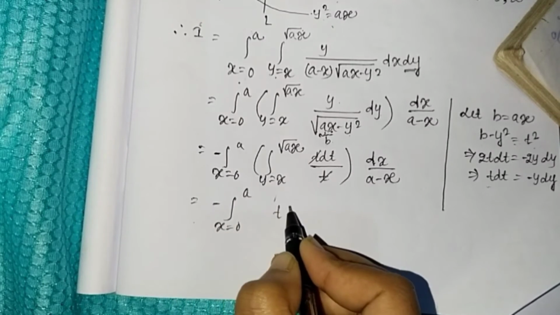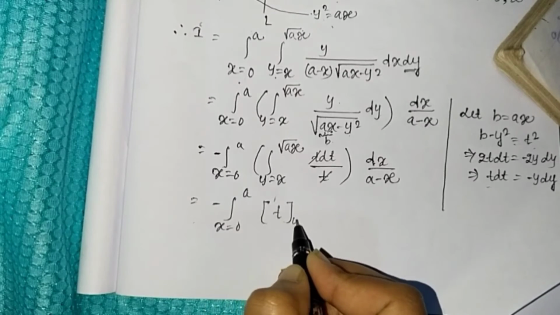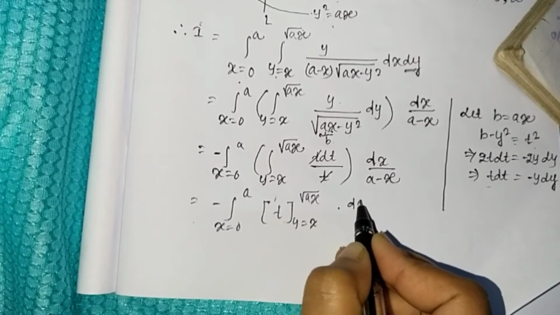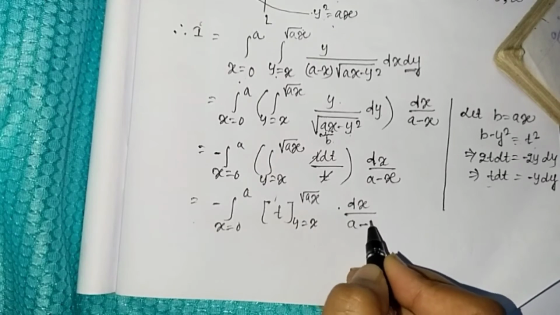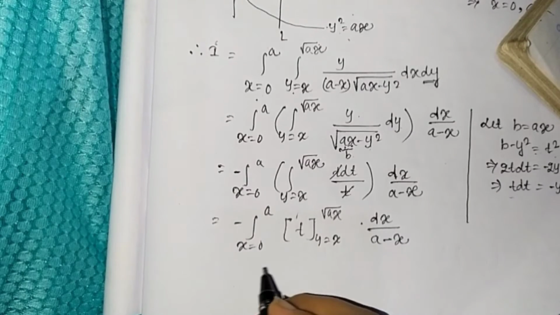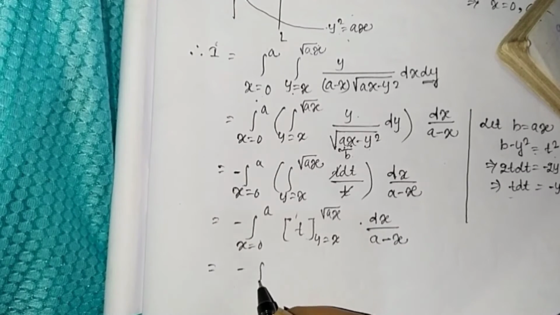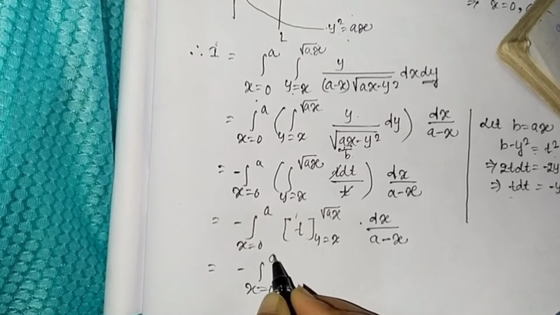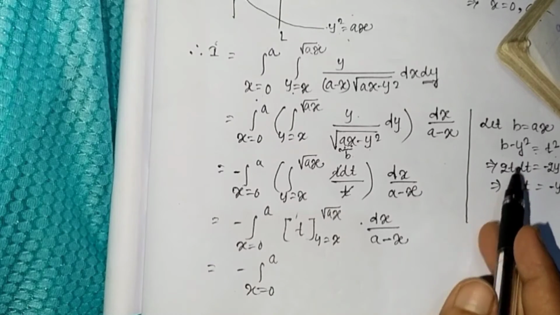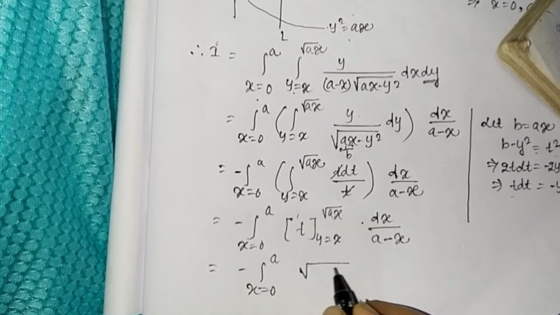So t limit is from y equal to x to root over of ax into dx divided by a minus x. Then we put the value of t, that is equal to minus integral x is from 0 to a, value of t is root over of b minus y square.